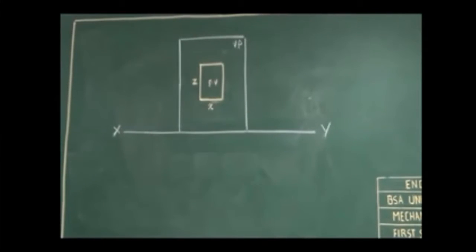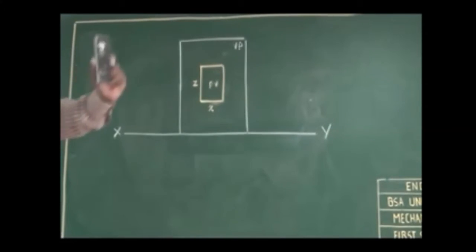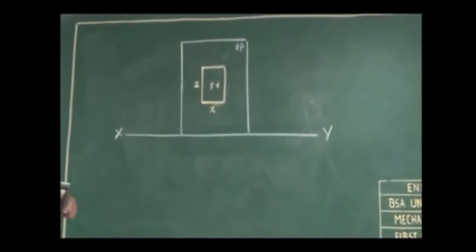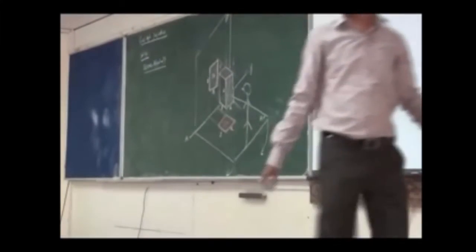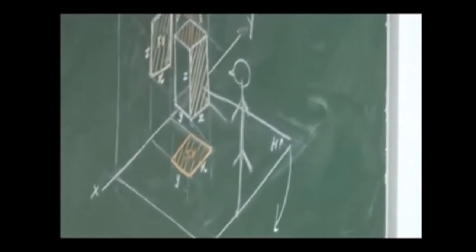What is the third assumption? Go to the third assumption: planes are rotatable. After performing these projections and obtaining the views in the vertical plane and horizontal plane, I can rotate the horizontal plane 90 degrees clockwise. If I rotate the horizontal plane 90 degrees clockwise like this, I can open it and see it below the reference line.